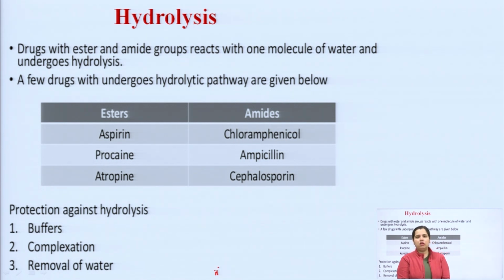These are the drugs or APIs which are prone to hydrolysis during storage or during preparation. Ideally, we generally take preventive measures to avoid these types of instabilities. Protection against hydrolysis can be done by adding buffers, complexation, and removal of water. These are the approaches we generally opt for to reduce hydrolysis reactions in the preparations.